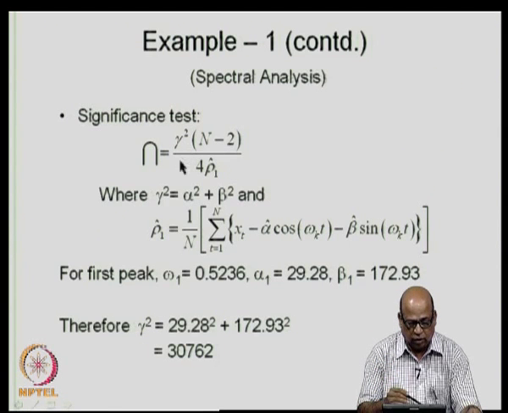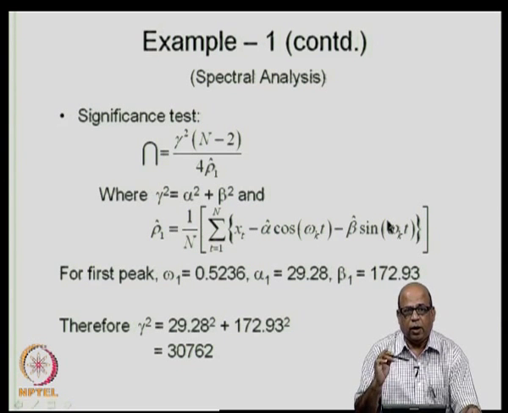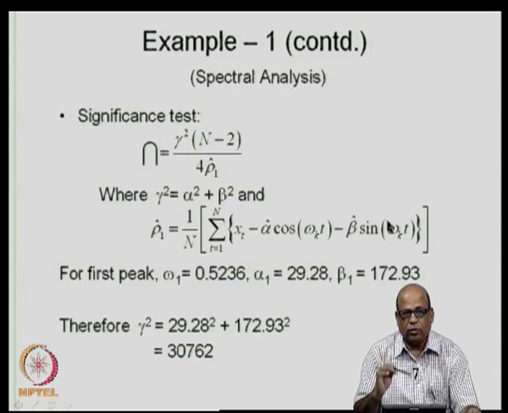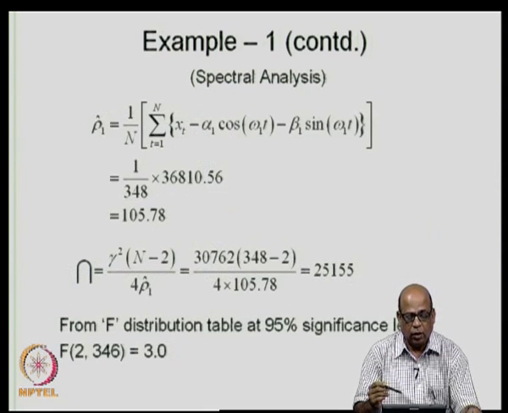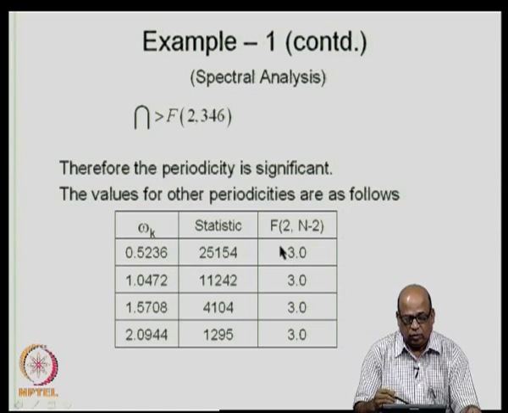Remember here, this statistic is written only for a particular value of omega. So, every time you test one periodicity at a time. When you do that, you will get values of the statistic like this: 11,000, 4,000, 1295 and so on. So, all of these are much above the critical value of F, and therefore, they are all statistically significant.